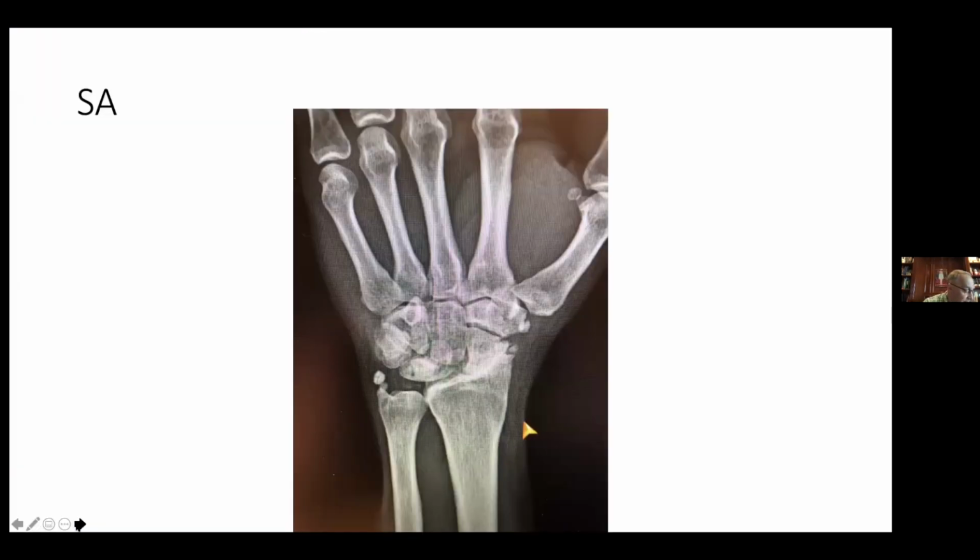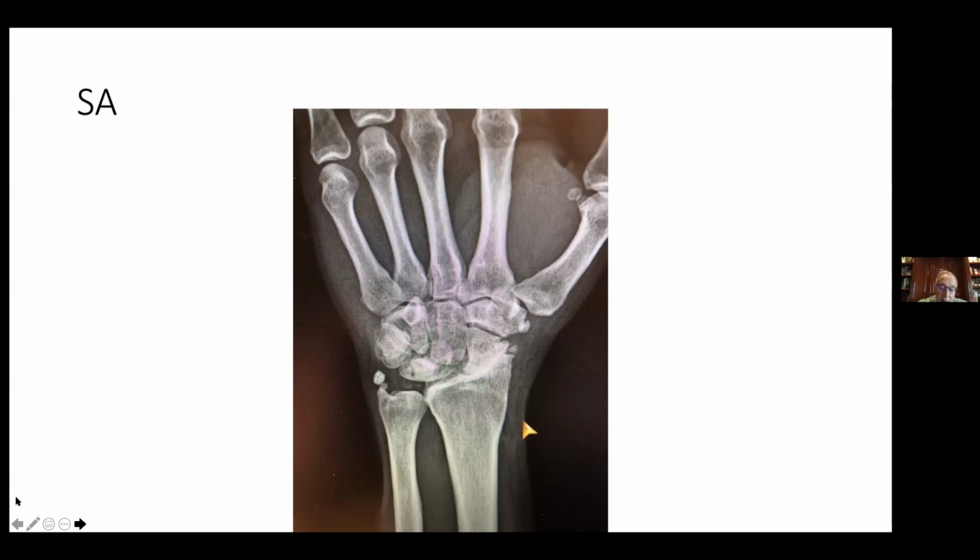Okay, so what do we got here? Hunter. So again, we're looking at an AP of the wrist. We have pretty severe radioscaphoid arthritis, and it looks almost like subluxation of the carpus ulnarly. Yeah, so here you have the entire scaphoid facet gone.